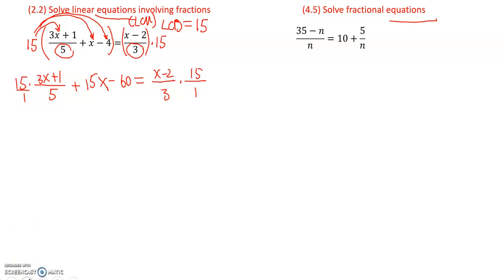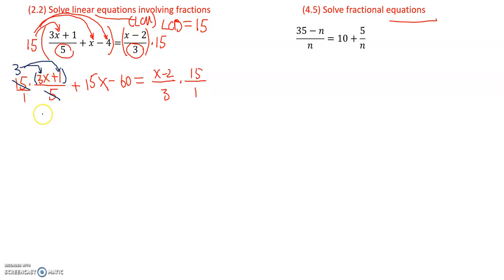Now we can first reduce the numbers. 5 goes into 15 3 times, and we can reduce that. Then we're going to distribute 3. We multiply top and top. Notice the second top has 2 terms, so that first top 3 has to multiply with both terms in the second top.